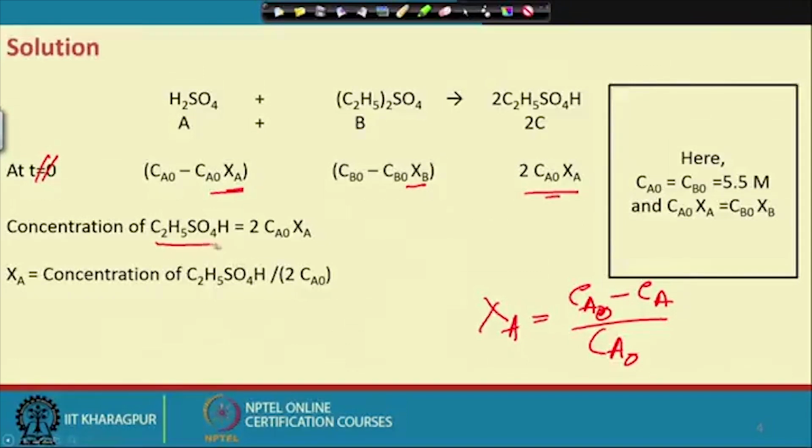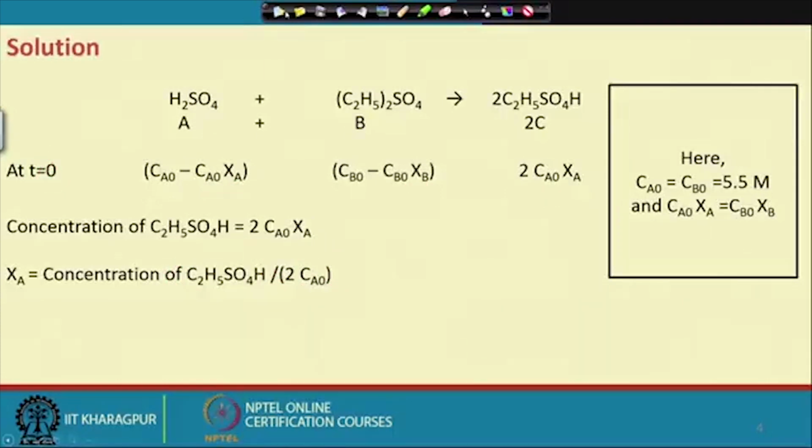The concentration of product can be expressed as 2 Ca0 into Xa. Xa is the concentration divided by 2 Ca0, because this is Ca0 and this is also equimolecular. So we considered Xa as the fraction, that is ethyl bisulfate divided by 2 moles of initial substrate concentration.